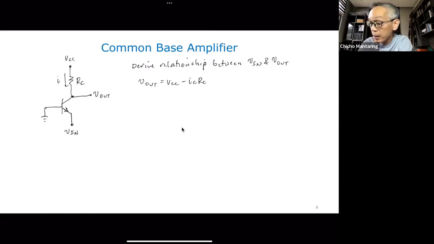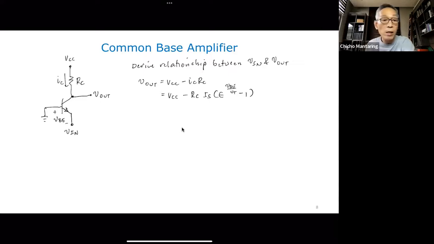Again, what is IC? IC is just I sub S times e to the VBE over V sub T minus 1, where this is now equal to VBE.